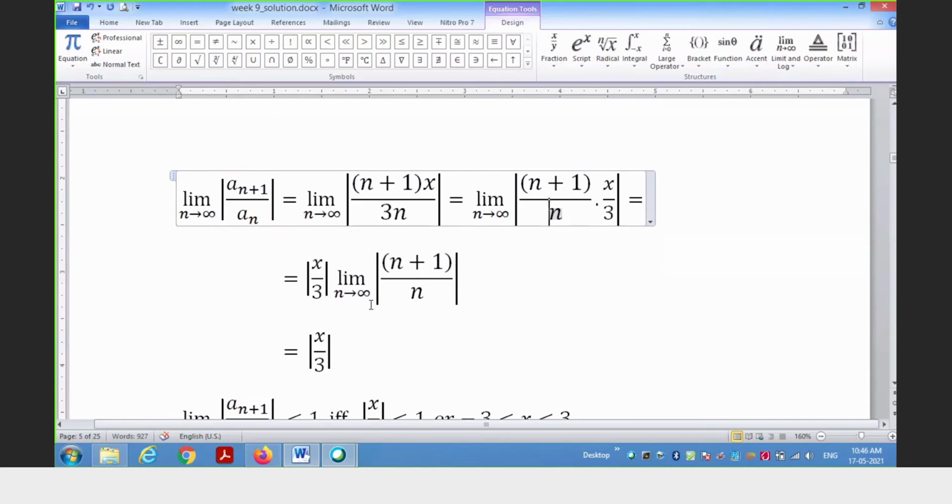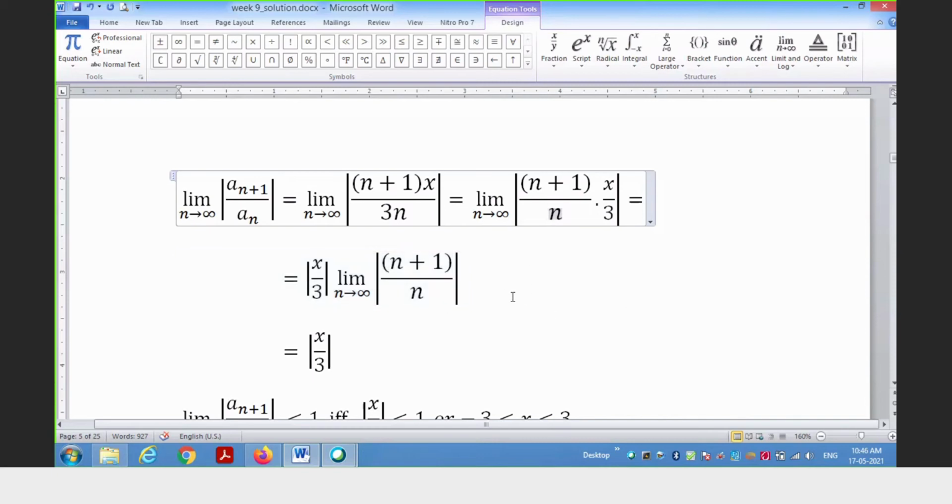Okay, now what is this limit, n plus 1 over n? When you replace n with infinity, the top part will be infinity over infinity, because infinity plus 1 again is a huge number. So we have infinity over infinity.